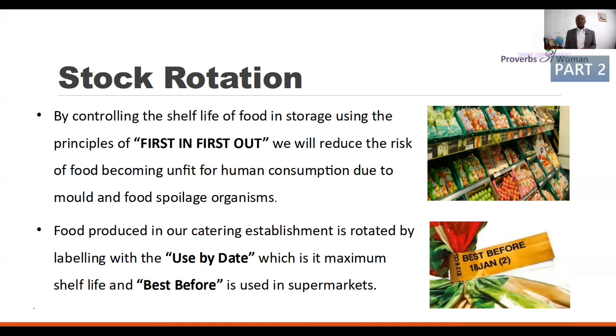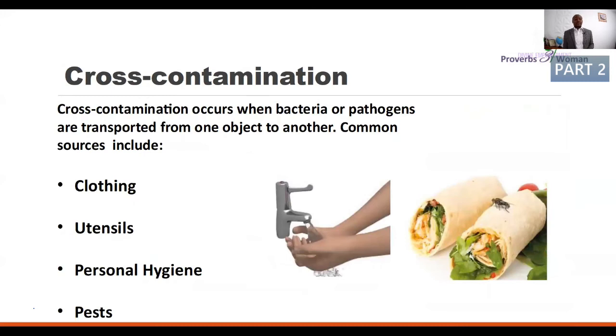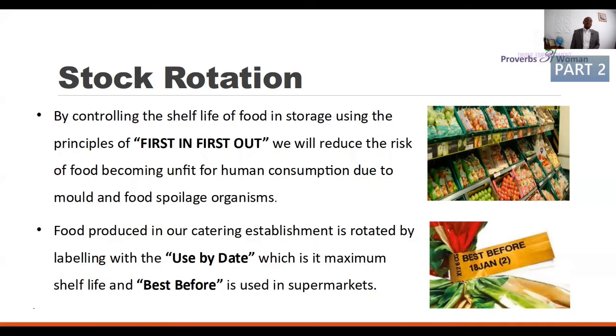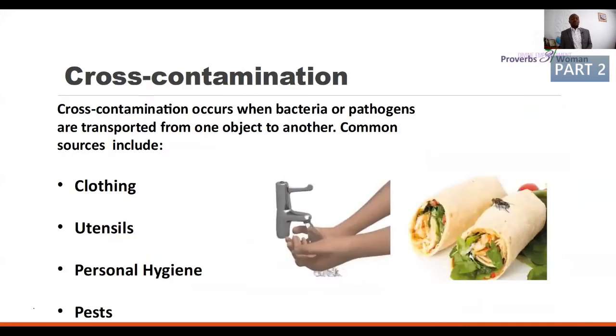So what we do, we rotate by labeling with the use by date, which is, remember, the maximum shelf life, and best before, which is used most in the supermarket. So use by date and also best before. Okay. So the next section, we're going to talk about cross-contamination.